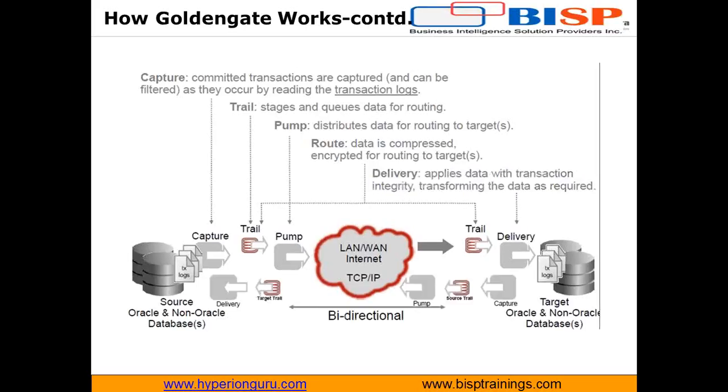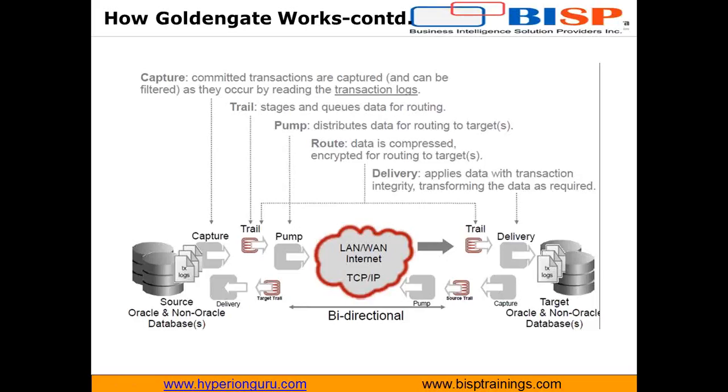Similarly, for bidirectional, consider bidirectional as a two-way unidirectional. So what happens in a bidirectional system? Now your target will act as the new source and your source will act as the new target. So the capture process will exist on your new source.